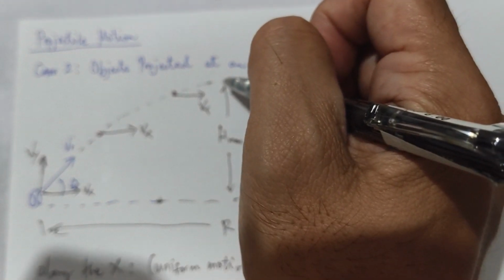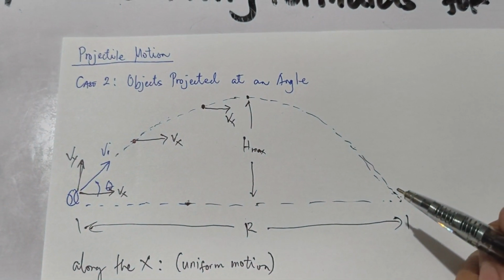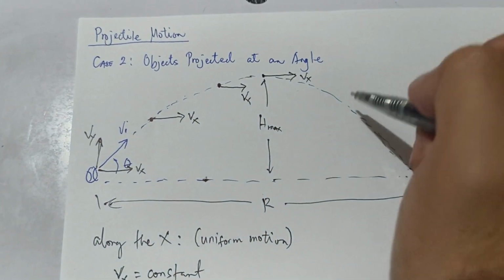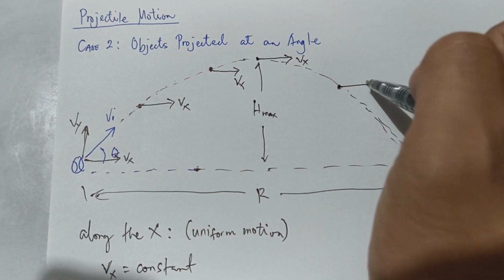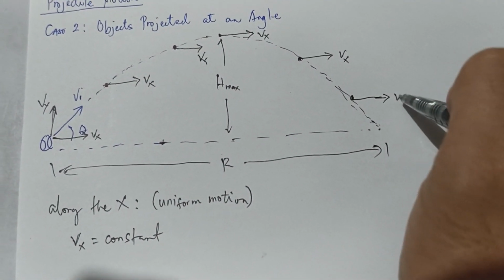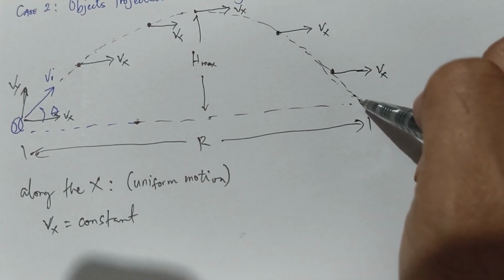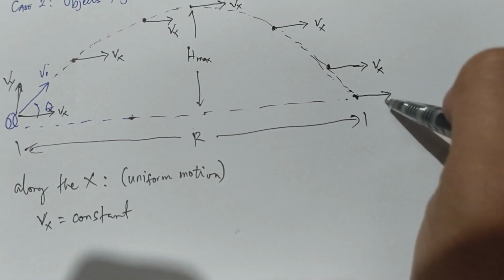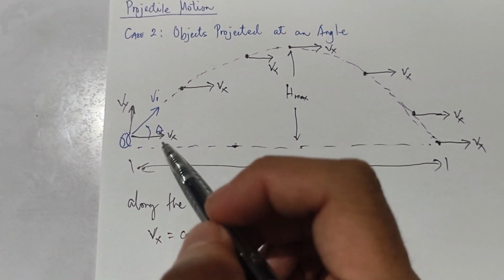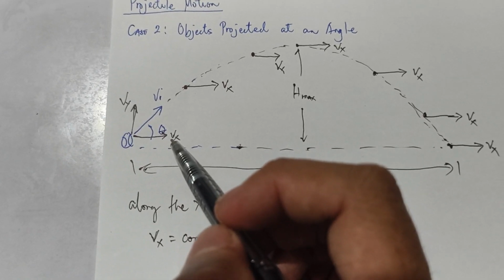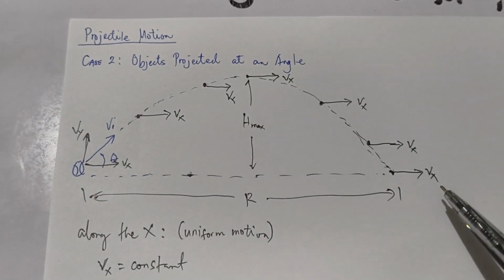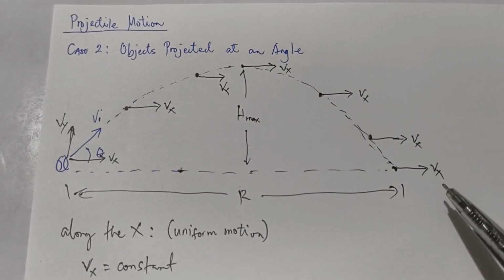What happens when the object is at the highest point? Ganun pa din ang value ng Vx. All throughout. And even before it hits the ground, Vx is the same. Say for example, ang nakuha mong Vx halimbawa ay 7.2 all throughout yung x component ng velocity ng object or ng projectile.